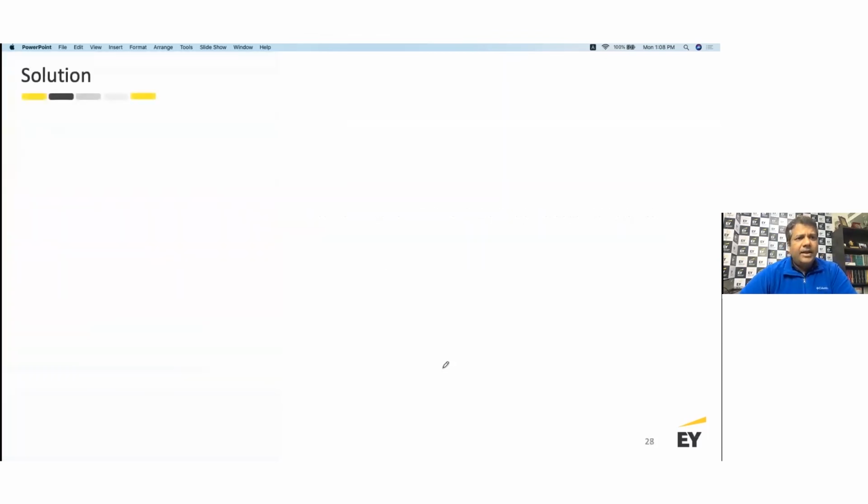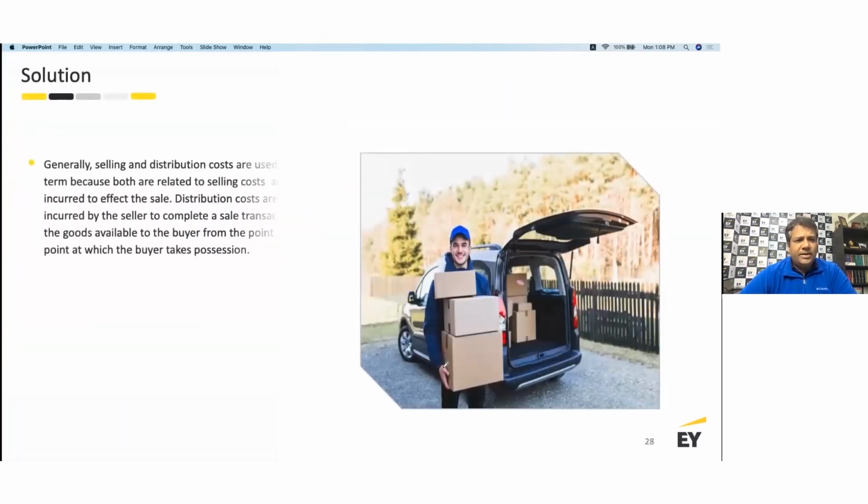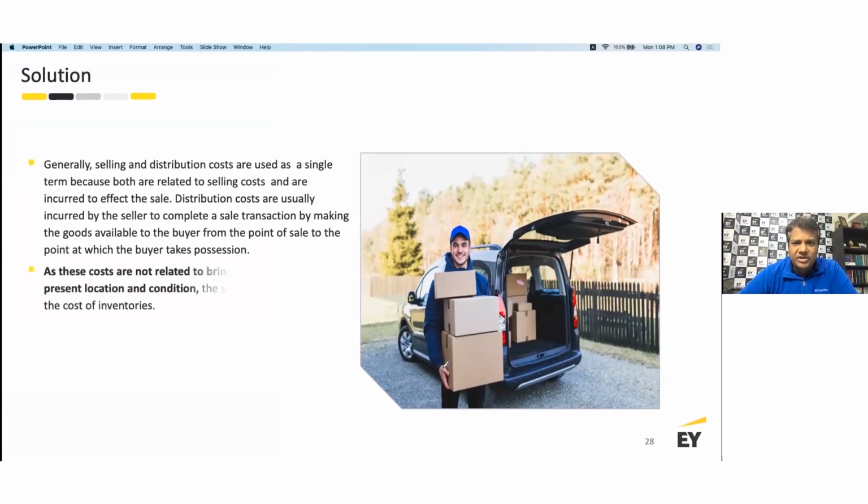Now, when we look at the solution, generally selling and distribution costs are used as a single term because both are related to selling cost and are incurred to effect the sale. Distribution costs are usually incurred by the seller to complete a sale transaction by making the goods available to the buyer from the point of sale to the point at which the buyer takes possession.